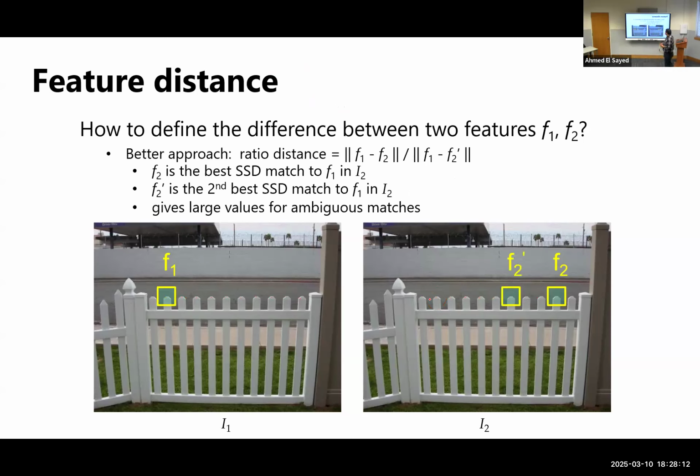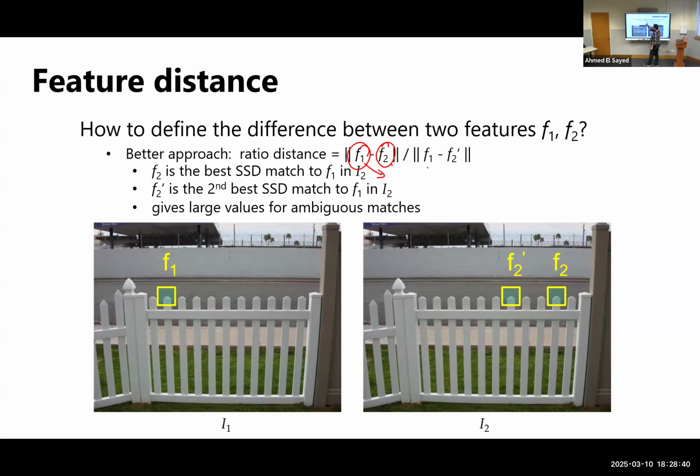Based on that, we said, I will calculate the smallest error between the first match and the second match. So this is the distance between F1 and F2. I'll take the distance between F1 and F2 dash.